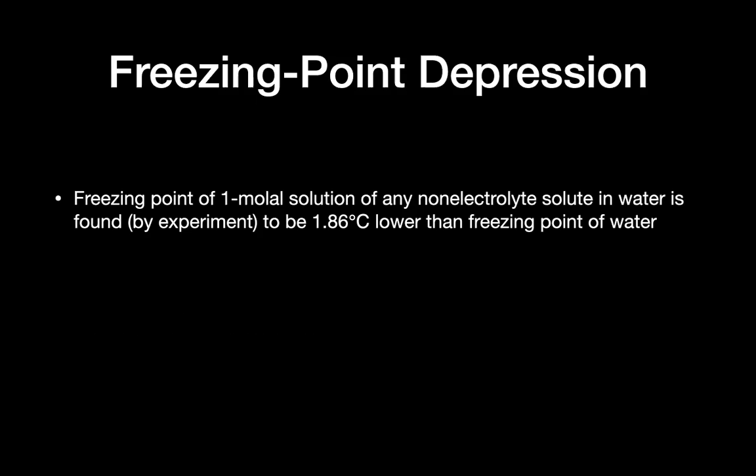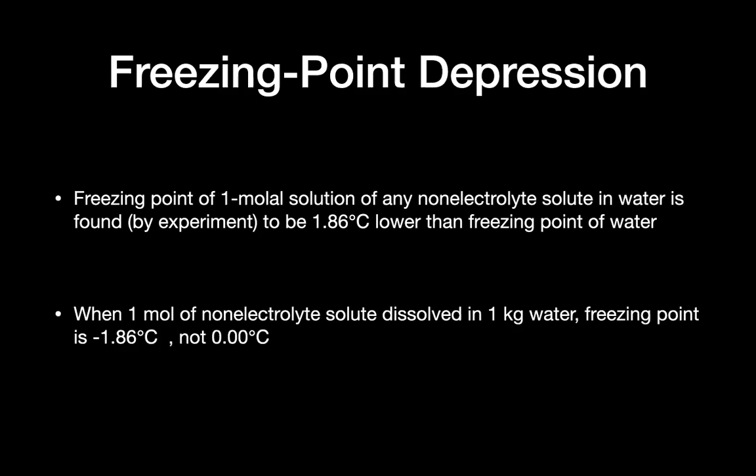It is a very specific amount. When 1 mole of a non-electrolyte solute is dissolved in 1 kilogram of water, that's equal to 1 molal concentration. The solution will freeze at minus 1.86 degrees and not 0 degrees. That is freezing point depression.